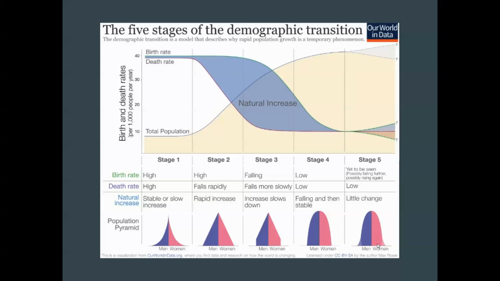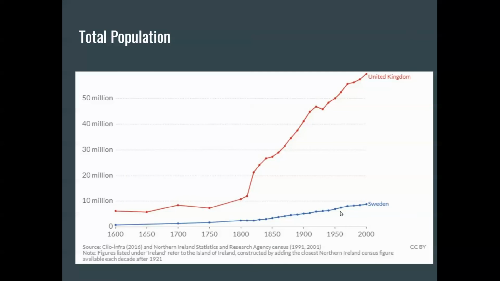The demographic transition can be influenced by all sorts of factors. Okay? What we see is that other parts of the equation come into play. You'll notice that Sweden and the United Kingdom both essentially had a similar demographic transition, but that was only births and deaths.